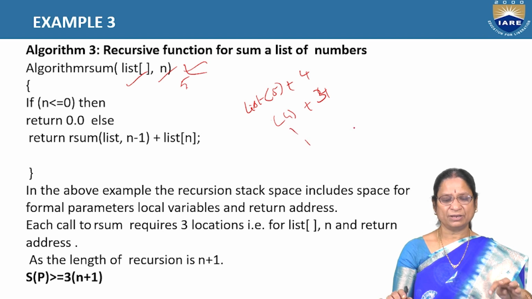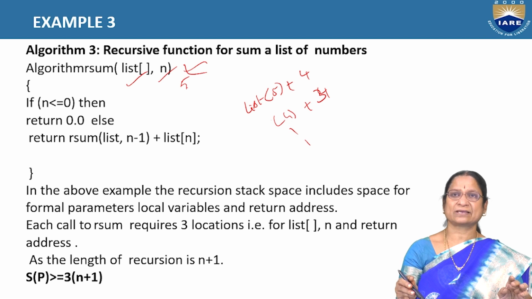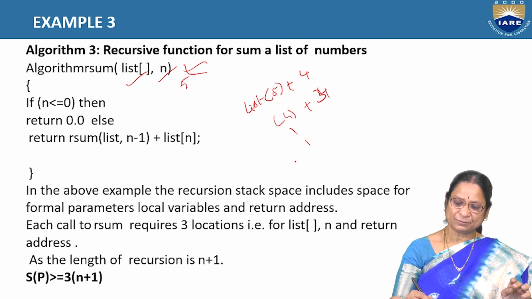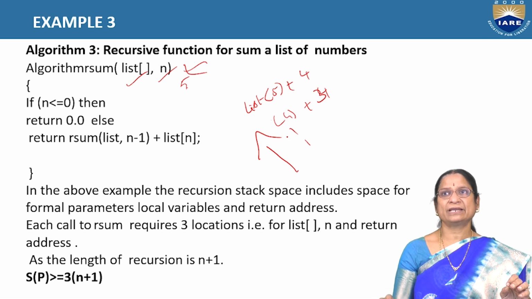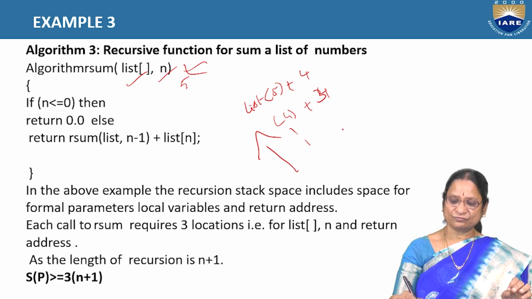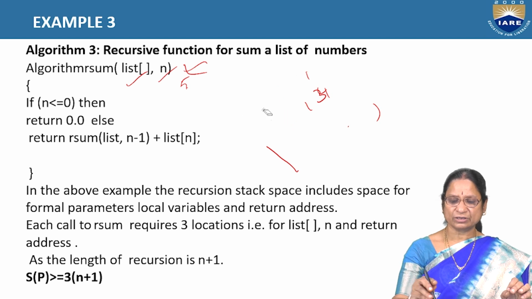When the value becomes 0, n is equal to 0, then it will stop the process. While stopping, being a recursion, it will work in the upward direction. That is, list of 0 is added first, then 1 is added, then 2 is added, then 3 is added, and so on and so forth.